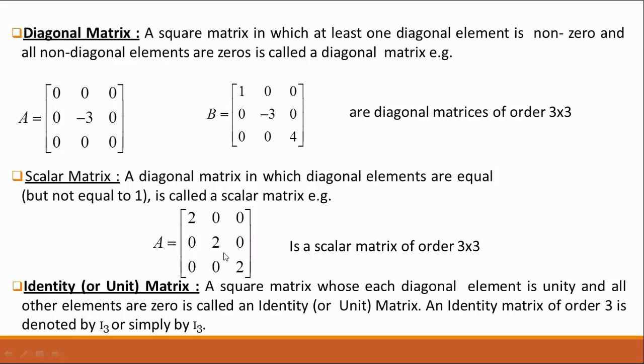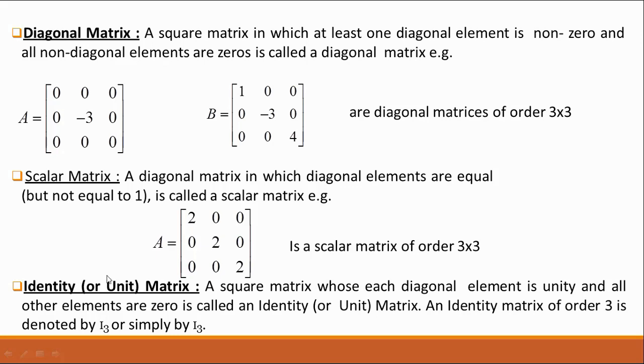So this is a scalar matrix. If we put equal elements here, then this matrix will be a scalar matrix, and if there are different elements, then the matrix will be only a diagonal matrix. But now this matrix is a diagonal matrix, and also a scalar matrix.